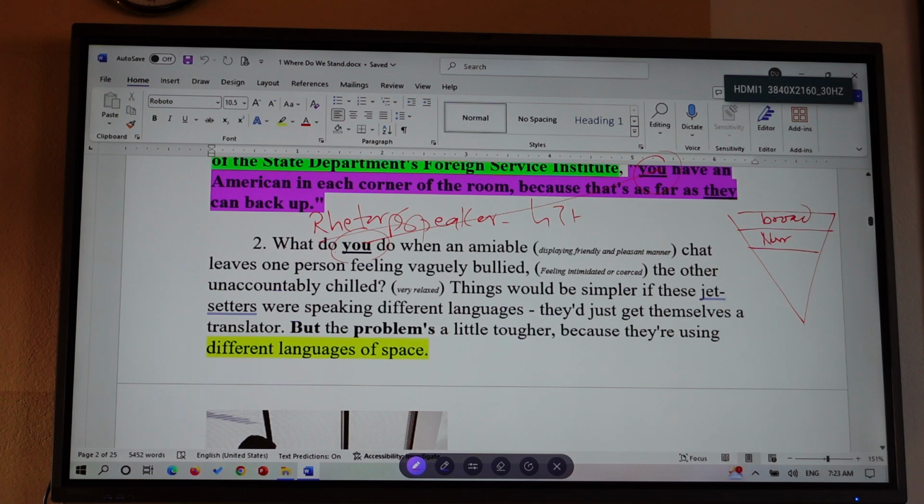For example, if I say, men are mortal, I am making a very general statement. It applies to 7 billion people around the world. Men are mortal, very broad statement. Then I say, Nepalese are also mortal. I narrowed down. From men I came to Nepalese.